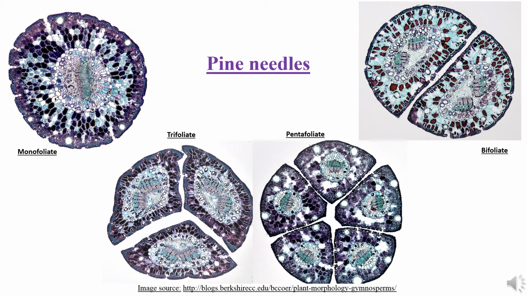Also, one point to remember here is both monofoliate and pentafoliate are haploxylon, whereas bifoliate and trifoliate spurs are diploxylon. Pentafoliate spur is much narrower compared to the diameter of spur with 2 and 3 needles, hence haploxylon condition suits it better.